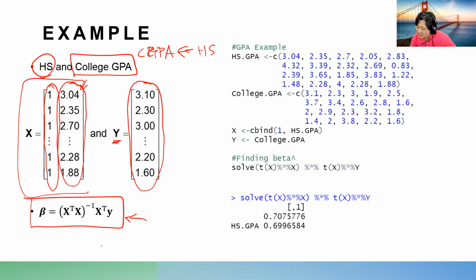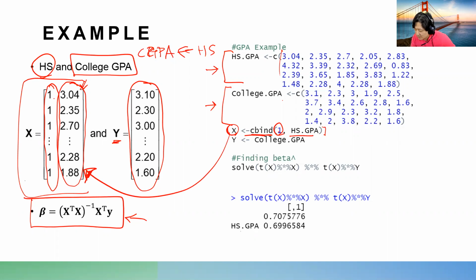Using this matrix, I'm going to try to estimate the intercept and slope. Here is our high school GPA vector, and this is college GPA. I posted the R syntax on Blackboard so you can play with it yourself. I combined this vector and 1 because 1 is the intercept, so it returns this matrix, and the college GPA is this matrix.